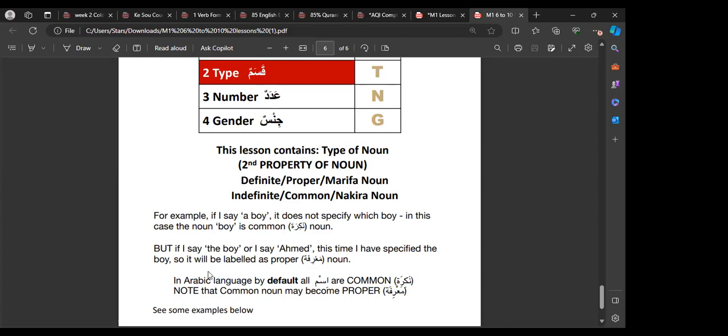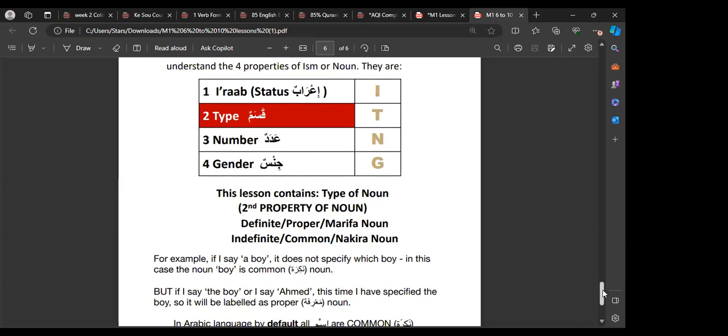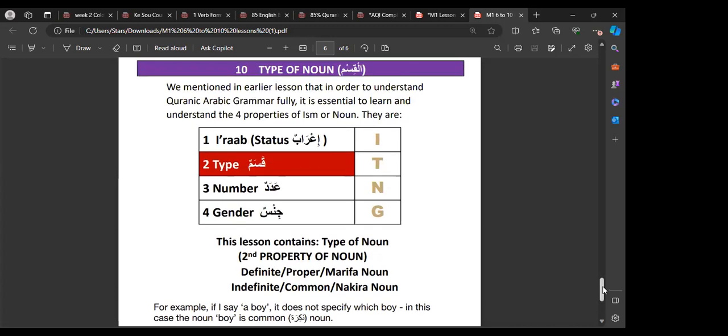Or if I say Ahmed, it's very specific. Even though there might be ten Ahmeds, it's a definite noun, a proper noun. So I've specified, and it will be labeled as ma'rifah. So the two categories of qasm are ma'rifah and nakira.